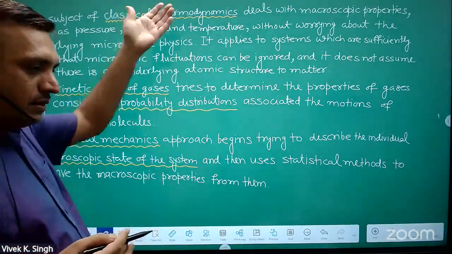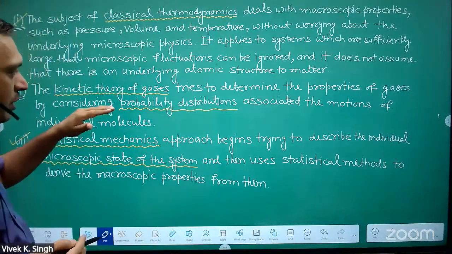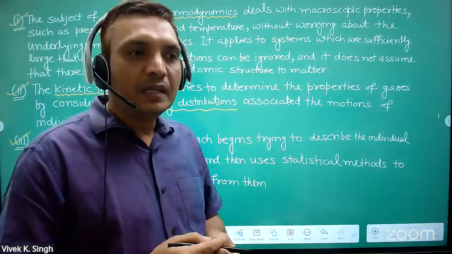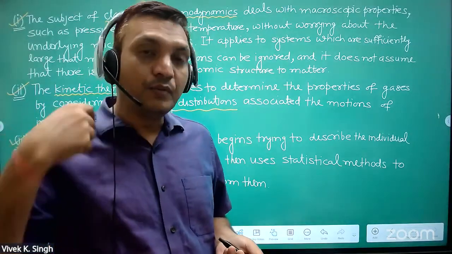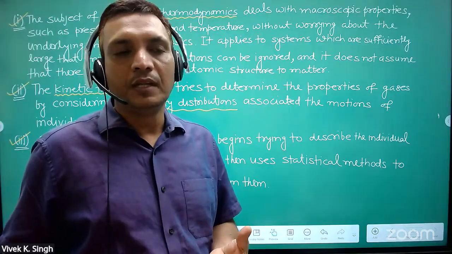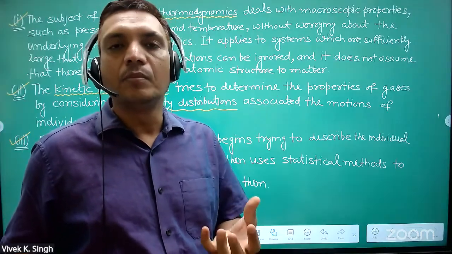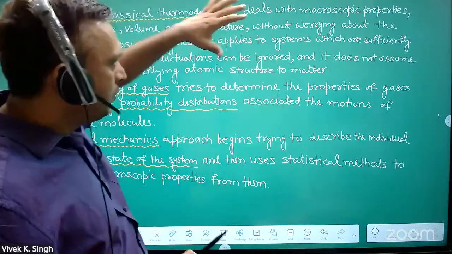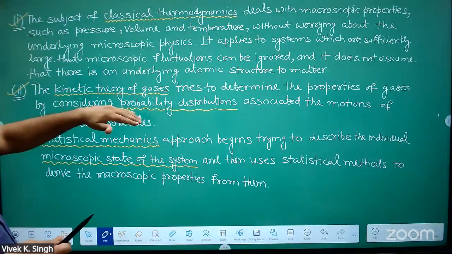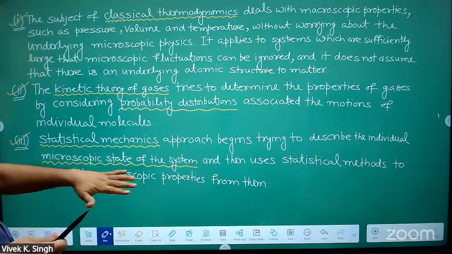Classical thermodynamics was developed even before kinetic theory of gases. As I have already told you, when it was developed, it was not known that matter is made up of atoms or molecules. So first classical thermodynamics was developed, then kinetic theory came, and finally this approach comes into existence. Is it clear?